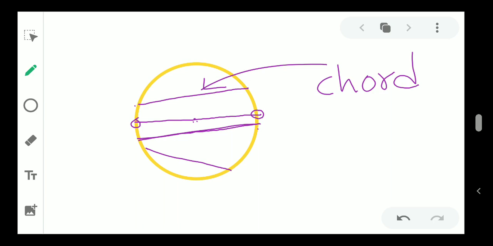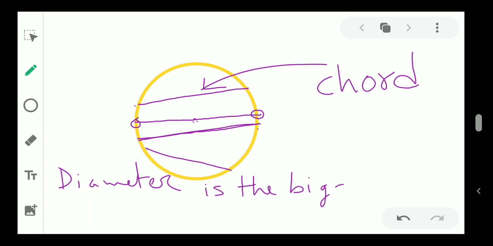So the diameter is the largest, biggest, longest chord in a circle. Okay, so that is for the circle.